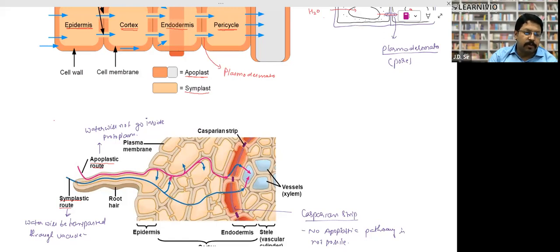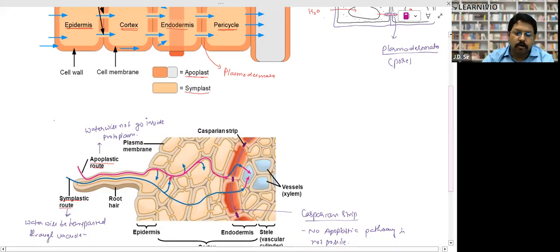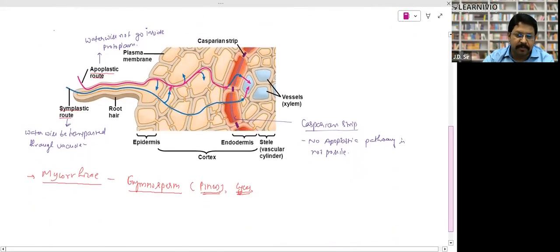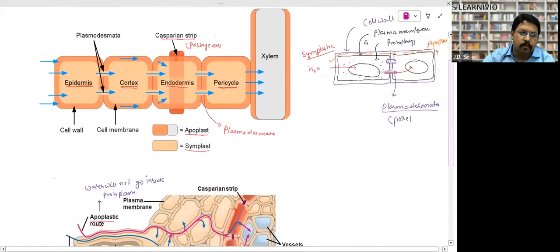And in the symplastic pathway, water will enter the protoplasm from one cell to another cell and reach the endodermis. In the endodermis, again it has to go inside the protoplasm, and they will reach the xylem. So that is all about the apoplastic and symplastic pathways. Tell me, is that clear now, Aisha and Rabia? Yes, sir. Fine.